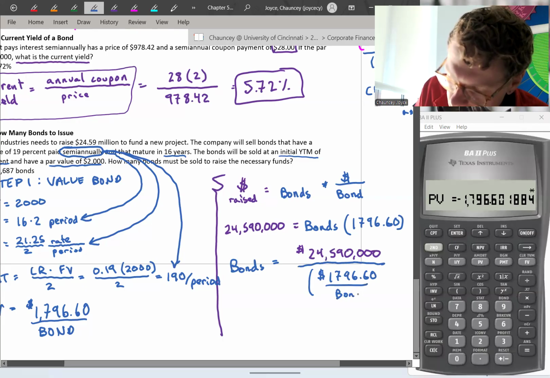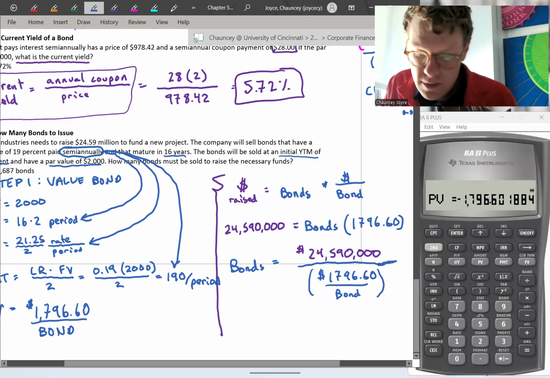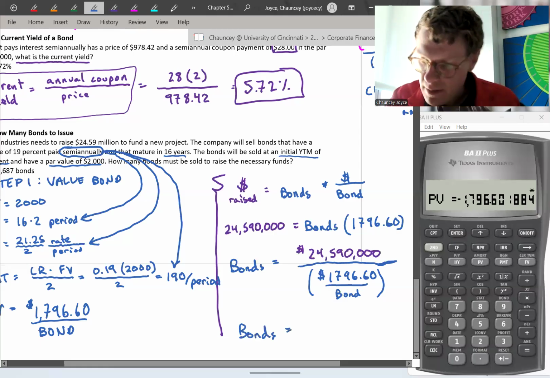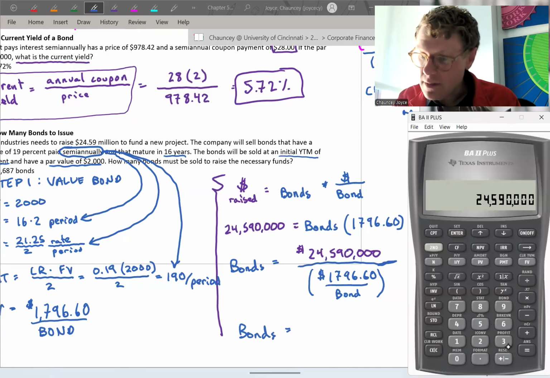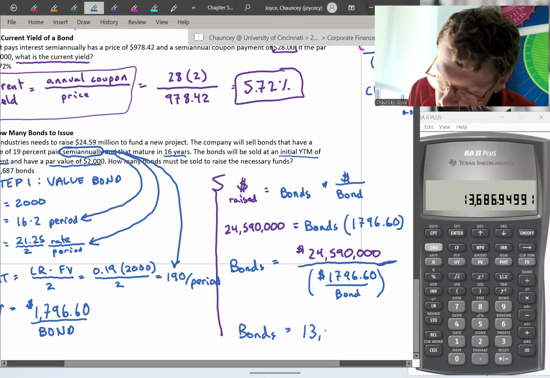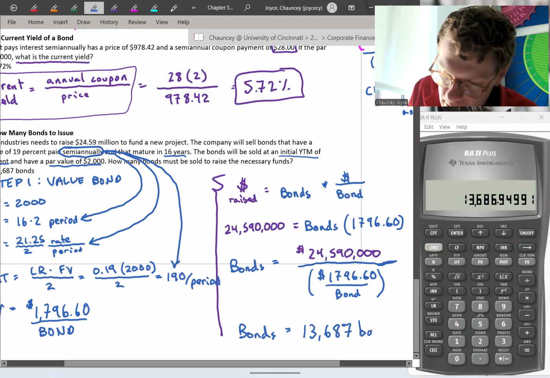So you divide by this, the dollar signs will drop off and the denominator's denominator becomes the numerator. So your number of bonds is just the amount raised divided by the price per bond. So take this number, you could just invert it and then multiply by 24,590,000. That's your number of bonds. Just be careful. It's 13,687. You have to round up to the nearest bond.